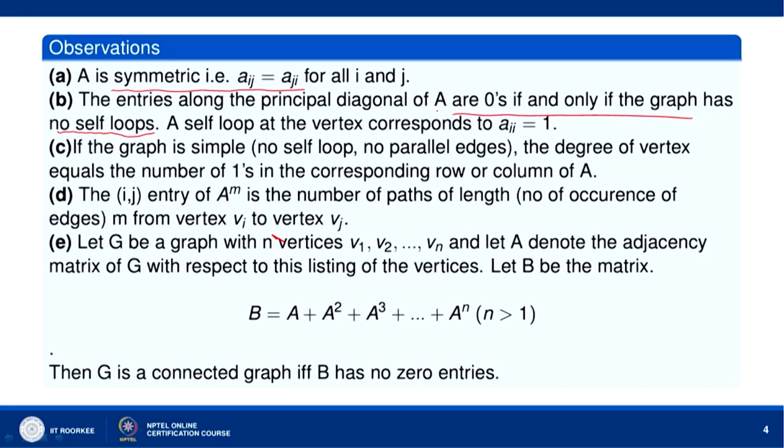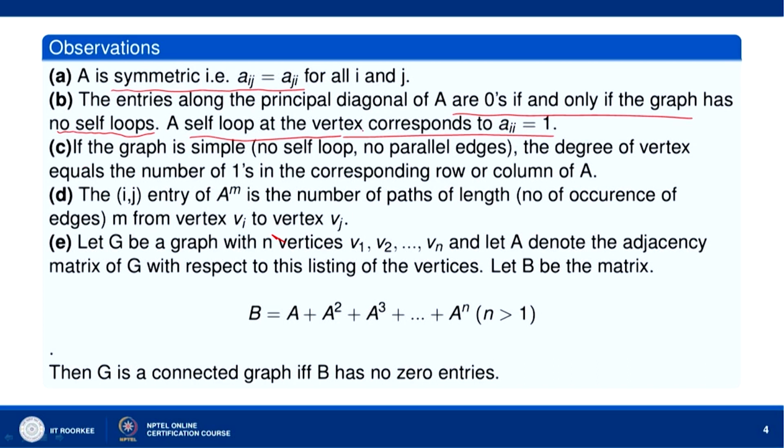Now, a self loop at a vertex corresponds to Aii equal to 1. So, if there is a self loop at the vertex, it corresponds to the entry of the main principal diagonal Aii equal to 1.